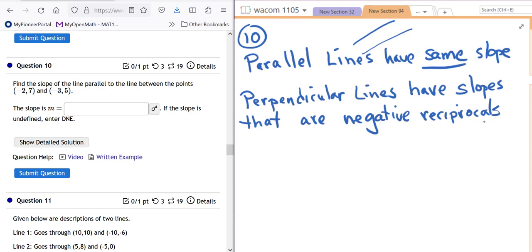And this one, so question 10 asks us to find the slope of the line parallel to the line between these points. So we're going to have to find the slope with these 2 points, and then parallel would mean that it's the same.